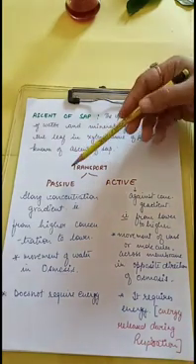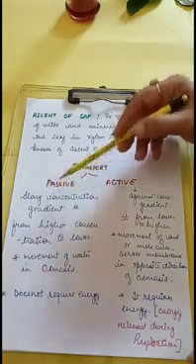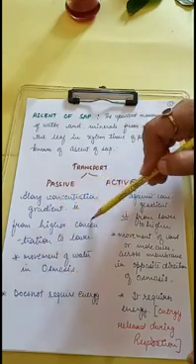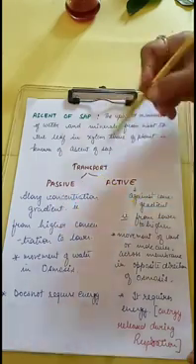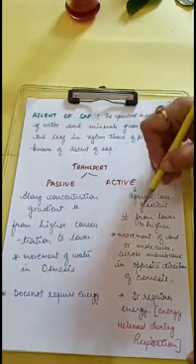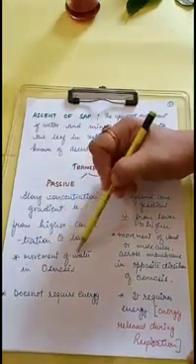Transportation can be of two types: passive transport and active transport. Passive transport is along the concentration gradient, that is from a higher concentration to lower concentration, and active transport is against the concentration gradient, from lower to higher. It is like the movement of water in osmosis.